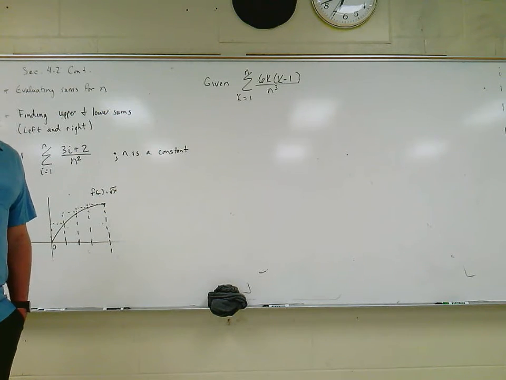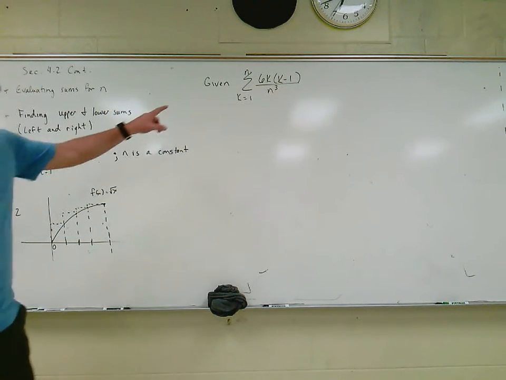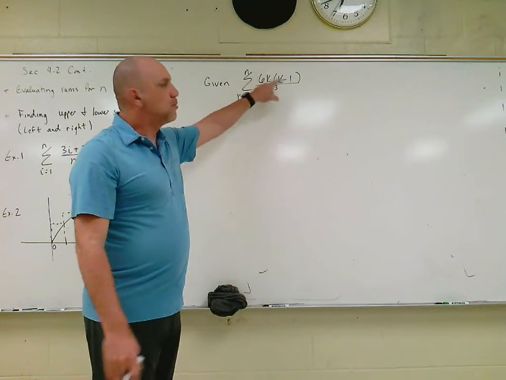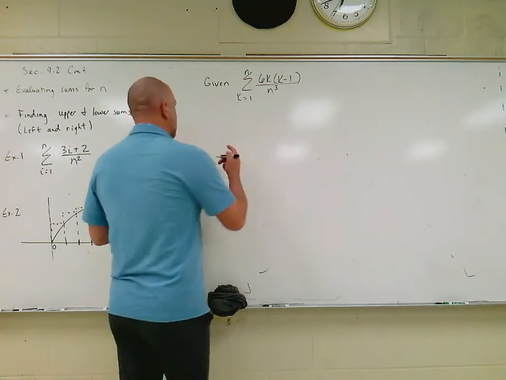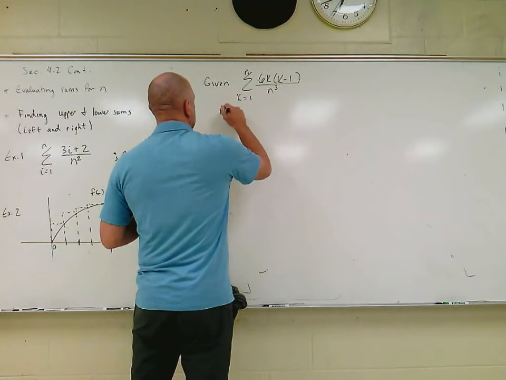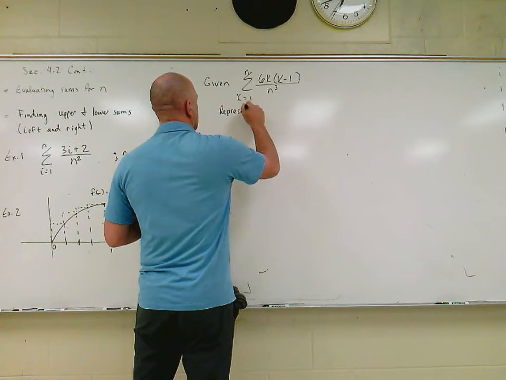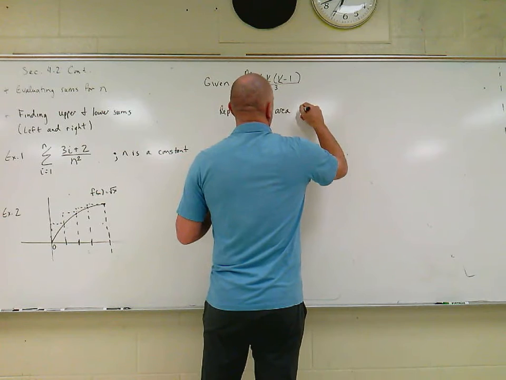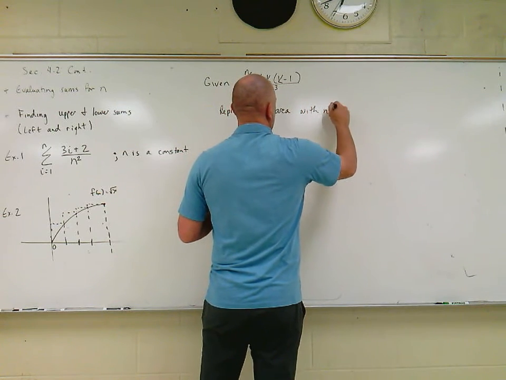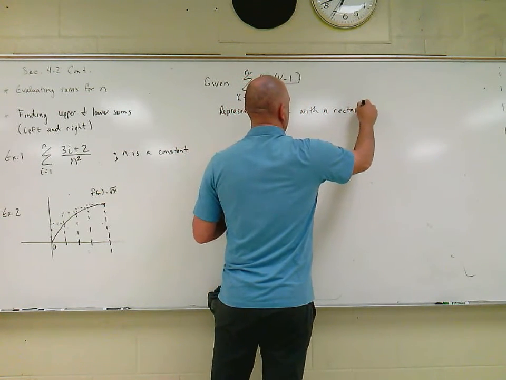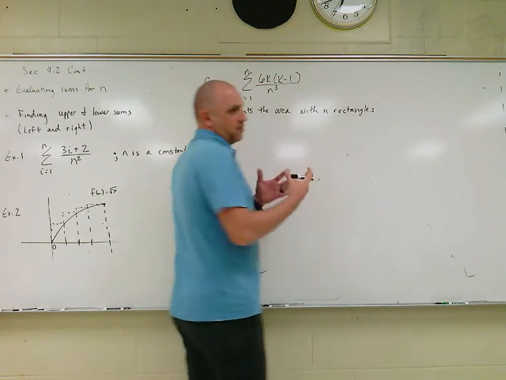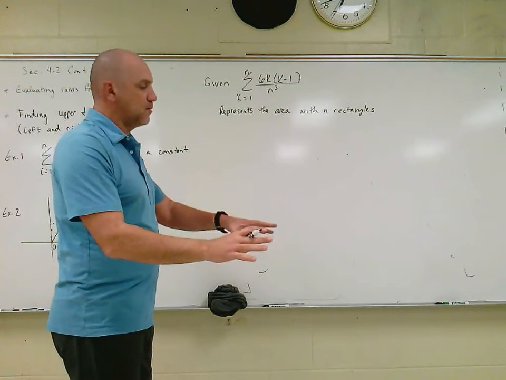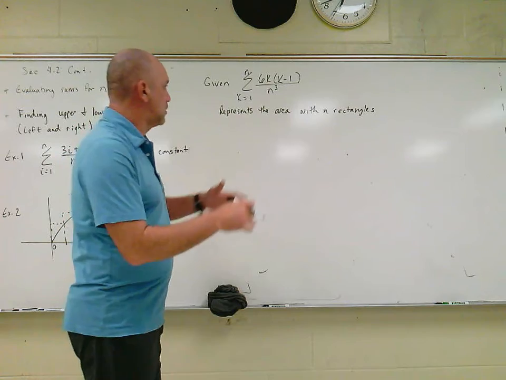It's your counter, okay? So if you don't like the counter k, you can make it i and replace those with i's. So given this represents the area with n rectangles, you just have n rectangles. We're leaving it as a varying quantity so we can plug in.